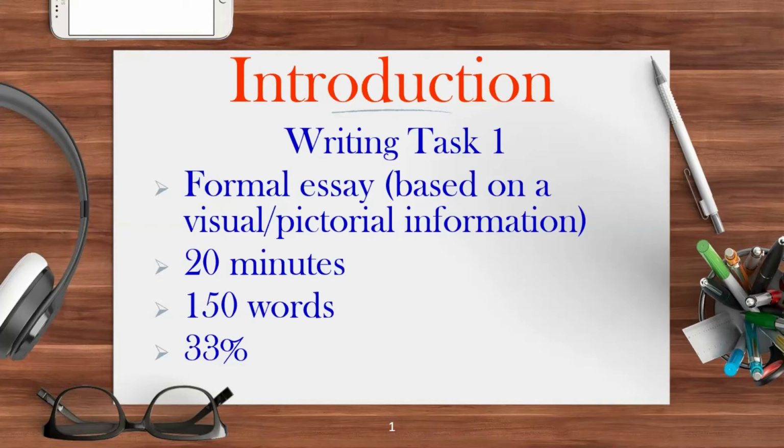So you have 33% to score for writing task 1, and for writing task 2, you're looking at 66%. So you need to do very well to get very good scores, which will ultimately help you to get a good band score for your writing.